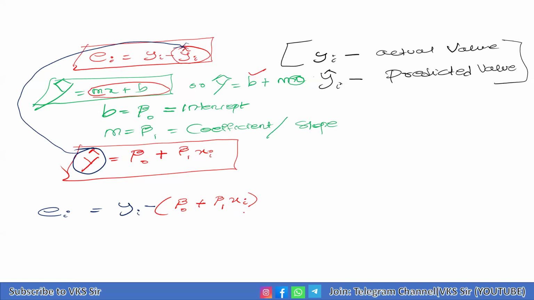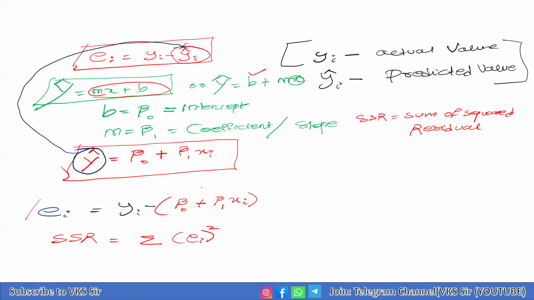Now here I can say the SSR, which is nothing but the sum of squared residual, is equal to the sum of error squared. We are just squaring it. These are the residual errors.